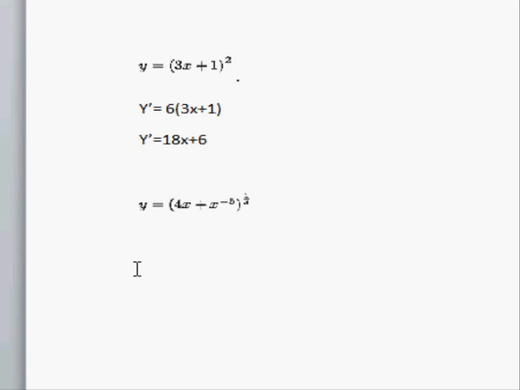Okay, y prime is equal to, we take down the 1/3. 1/3 comes down, parentheses 4x plus x to the negative 5th power, close parentheses, and this is now raised to the negative 2/3.